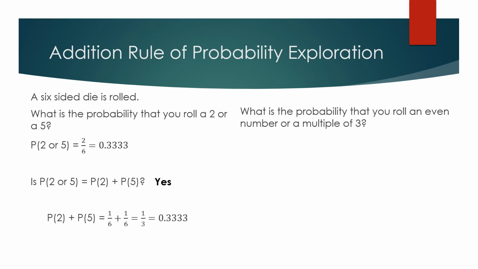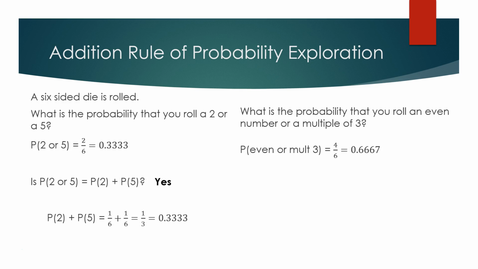What is the probability that you roll an even number or a multiple of 3? Even numbers are 2, 4, 6, 8, 10, 12, and so on. Multiples of 3: 3, 6, 9, 12, 15, 18, and so on. But we're looking at only a die roll. So when the question asks the probability of an even or a multiple of 3, there are 4 possible ways that we can do that.